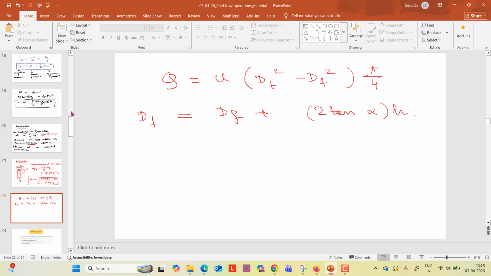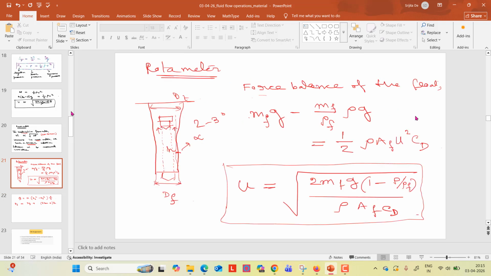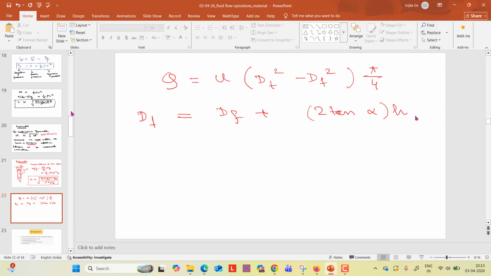Because we have seen that it is a small angle, around 2-3 degrees, we can write dt equals df plus a into h, and a is very small, right?